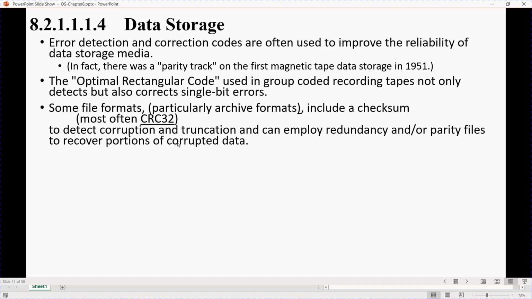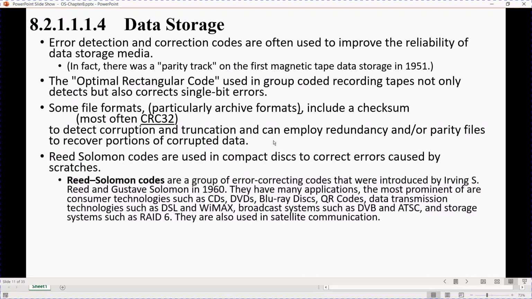Some file formats include a checksum. Usually it's a CRC32. The checksum is to detect corruption and truncation, and can employ redundancy or parity to recover portions of corrupted data. Compact disks use Reed-Solomon codes.